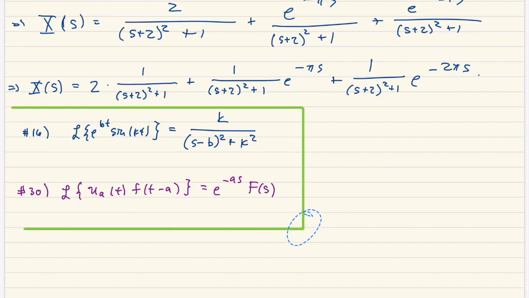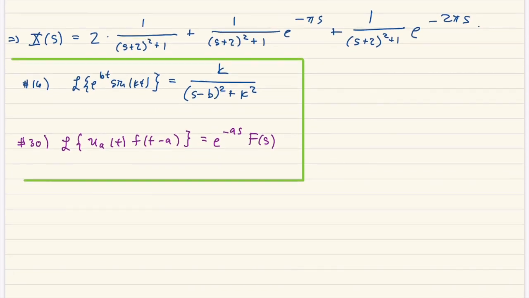So we're going to use that rule, and we're just going to have to see what we get here. For the first one, we're ready to take the inverse. We're going to end up with 2 times the inverse of that function, which we already said was e to the negative 2t sine of t, because our b is negative 2, and our k is 1.